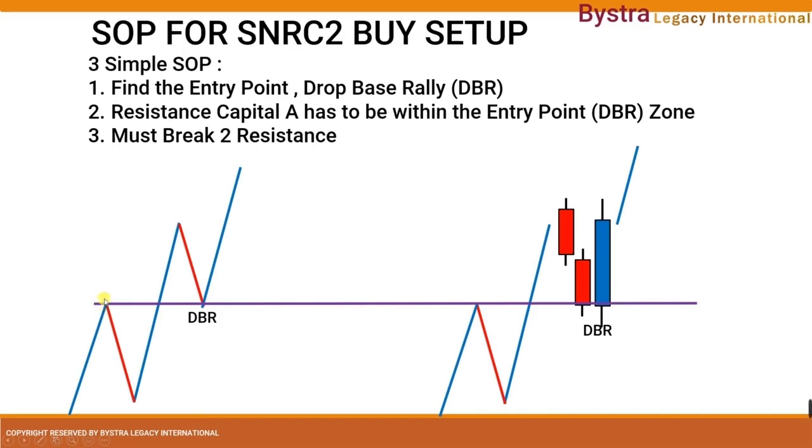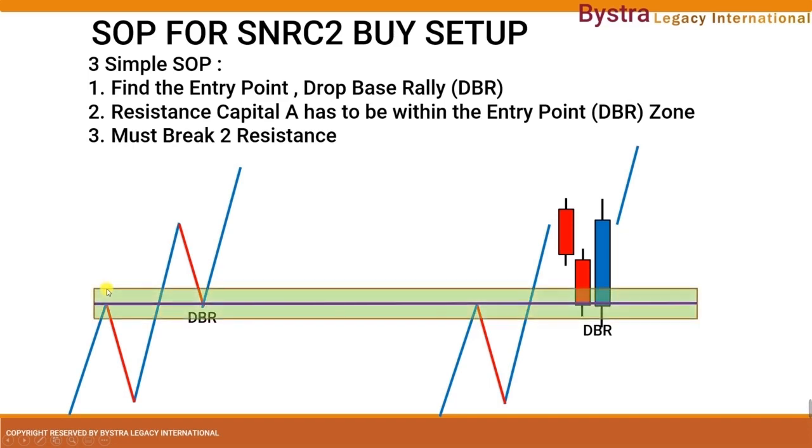Very good, guys. So next, what should we do? We mark the zone. So for this SNRC2, how do we mark the zone? It is a little bit different than the SNRC1. The SNRC1 will mark the zone according to the body base of the drop base drop or the rally base rally. For SNRC2, there is no specification of how you want to mark the zone.